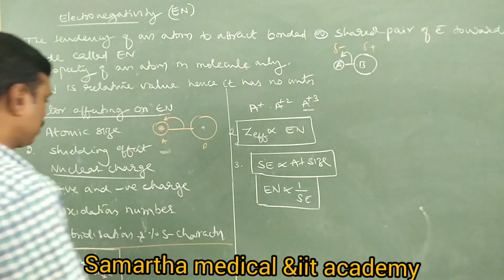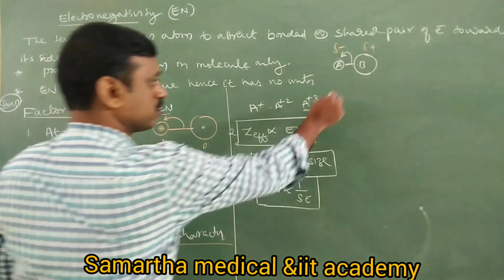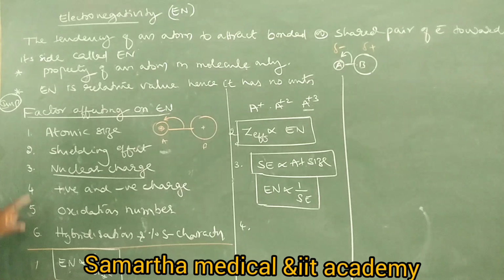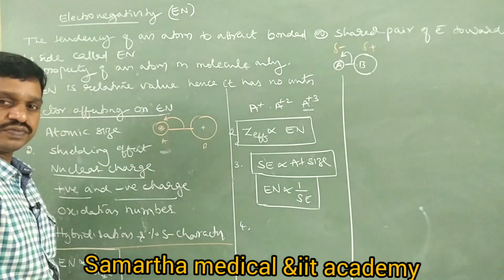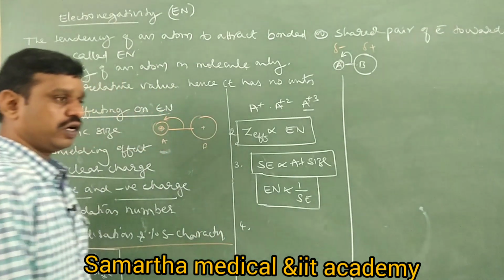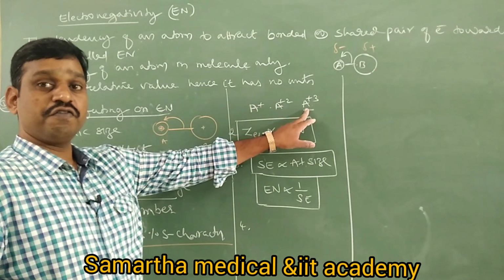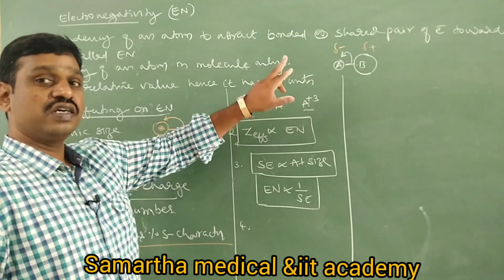Next, the fourth factor. Four, five, six, these three are important. The fourth one is positive and negative charge. Just now we have seen +1, +2, +3. Which can attract electrons more easily? +3, because effective nuclear charge increases.